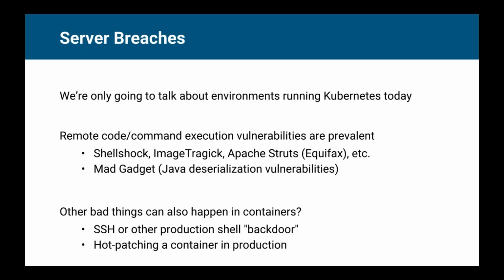So some of the well-known names behind these vulnerabilities are Shellshock, ImageTragick, there's the Apache Struts vulnerability that affected Equifax, and a massive array of vulnerabilities involving Java deserialization that have been referred to as mad gadget vulnerabilities. But one of the common aspects of all these vulnerabilities, especially as they affect Unix servers, which basically means Linux servers at this point, is that these are all remote command execution.